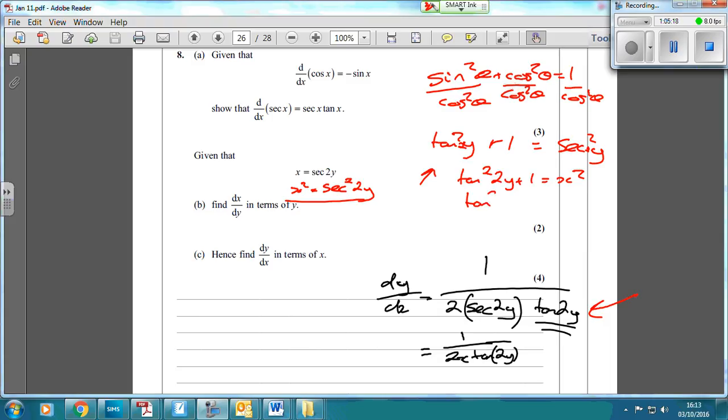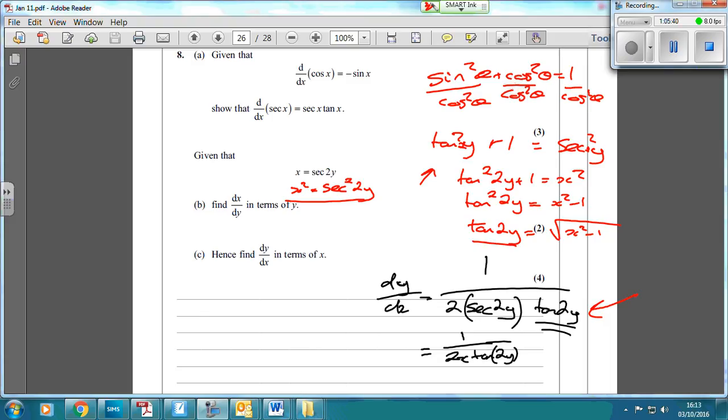So if we have tan squared 2y equals x squared minus 1, and then tan 2y equals the square root of x squared minus 1. Don't make the mistake of doing the square root of x squared as x and the square root of 1 as 1. You can't do the square root of x squared minus 1. So you've just got to put it in the square root sign.